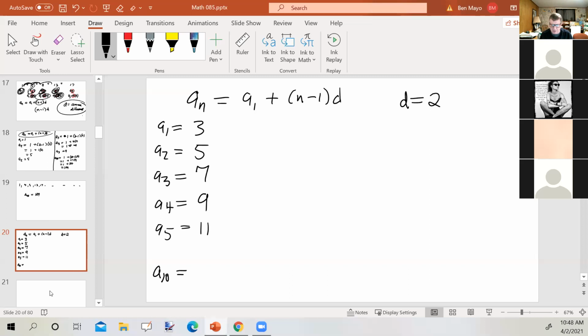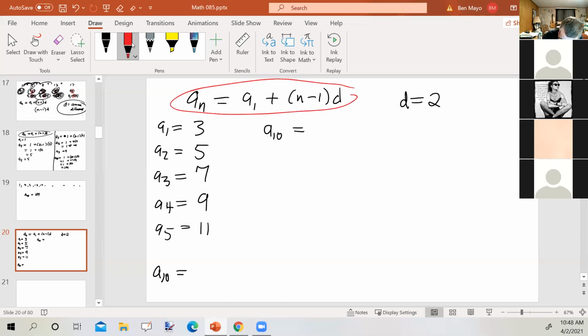So without just counting each one consecutively, let's find a sub 10. Now what I'm doing is I'm looking at this formula, okay? It's going to be a sub 1, which is 3, plus n, which is 10 in this case, minus 1 times d, which is 2. So again, this came from there, this came from there, and this came from there.